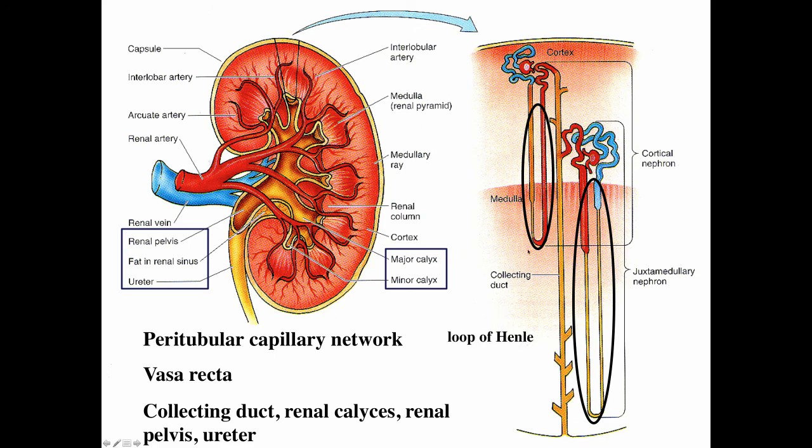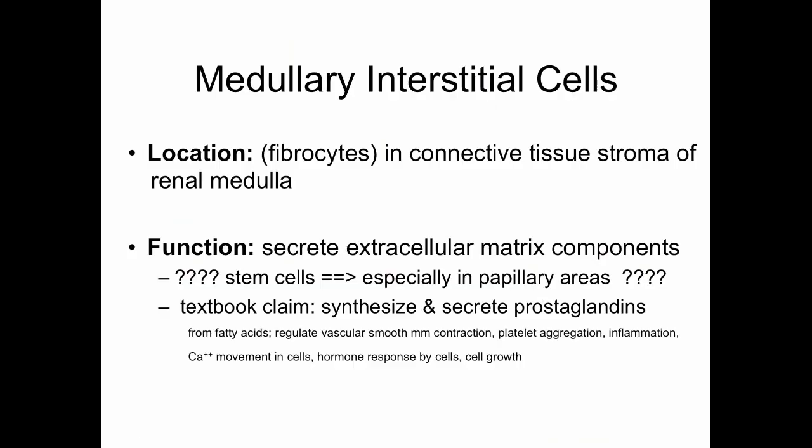Let me also highlight for you here these loops of Henle. Generally, we think of a loop of Henle as the medullary structure, with the loop itself, the turn in the loop, being a medullary structure. And we can define cells in the medullary interstitium as well, connective tissue cells and supporting cells in the medullary interstitium. These medullary interstitial cells are essentially fibroblasts.